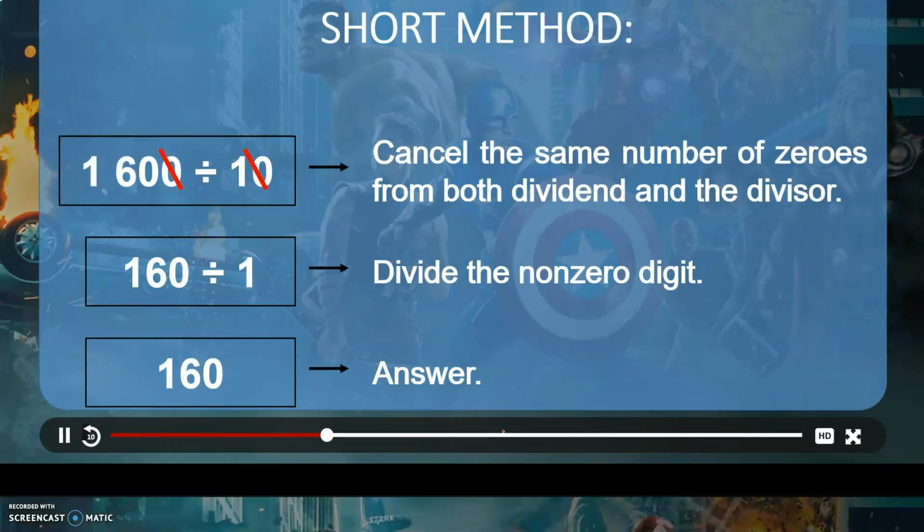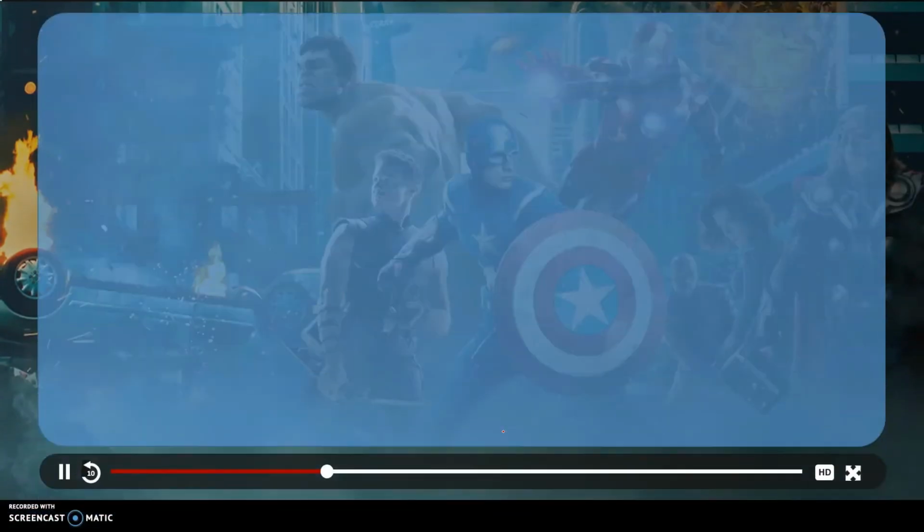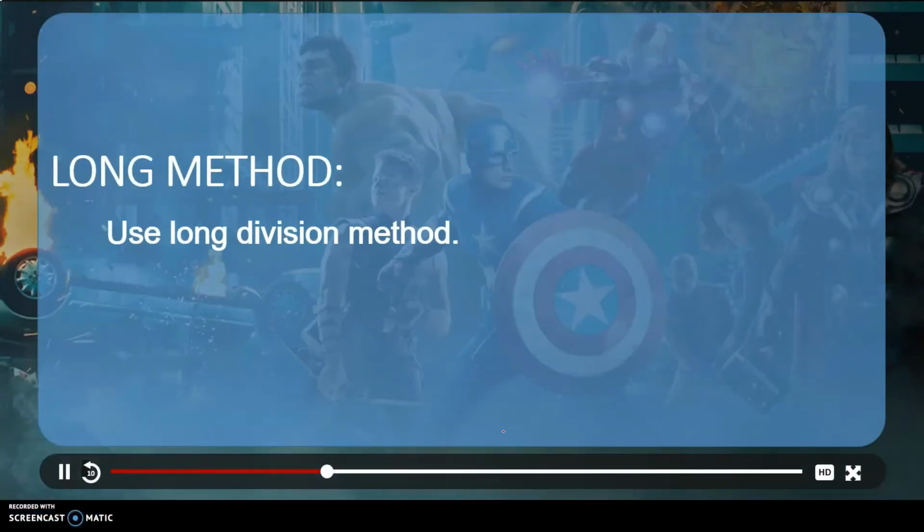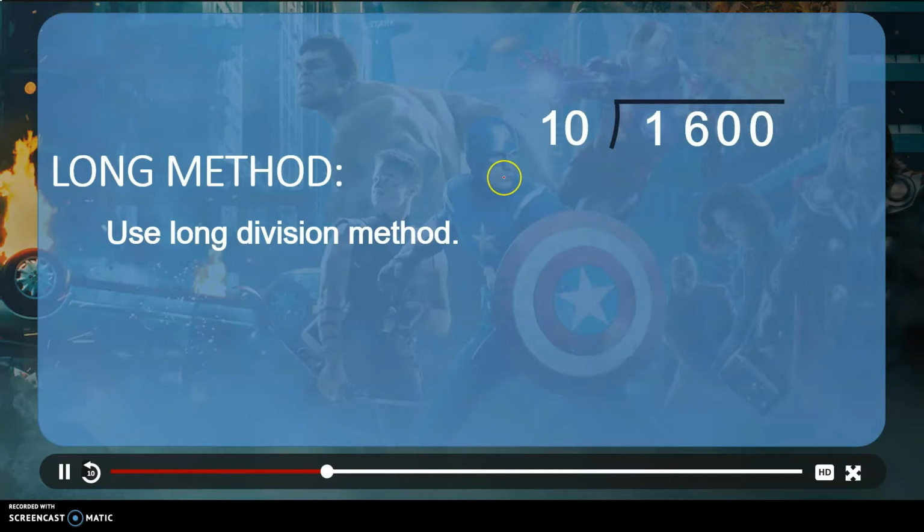Okay? And another way is the long method. So, we'll use the long division method. Again, we'll write 1,610. So, again, to divide this, we'll cancel the 0 both from our divisor and dividend.